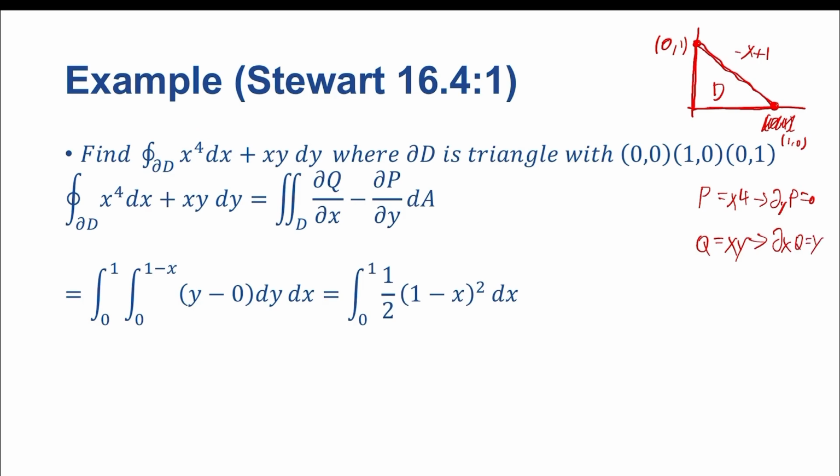So what we have here is y minus 0, integrating with respect to y first and then integrating with respect to x. We can carry out that integral and apply the fundamental theorem of calculus. Now what we will get is the integral between 0 and 1 of 1/2 times (1 minus x) squared dx. Again, this should be a very trivial integral to do. What we get is 1/6. Again, just a simple polynomial integration for you.